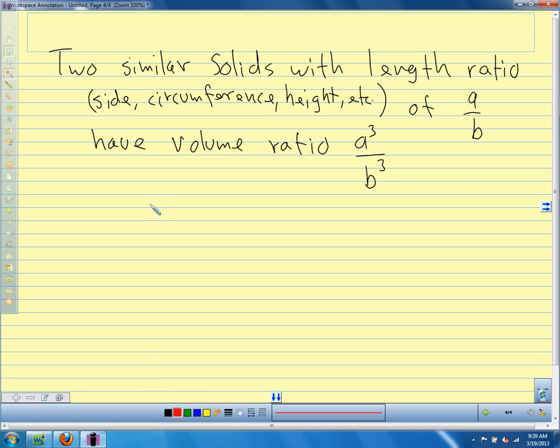So our shortcut here is cube the length ratio to get our volume ratio. So that's our shortcut. To go from our length ratio to a volume ratio, we cube.